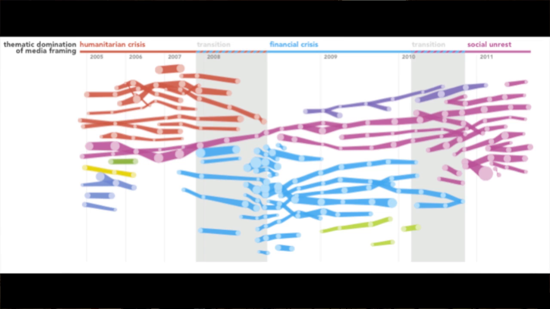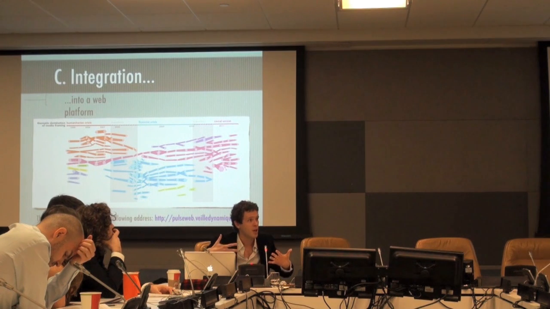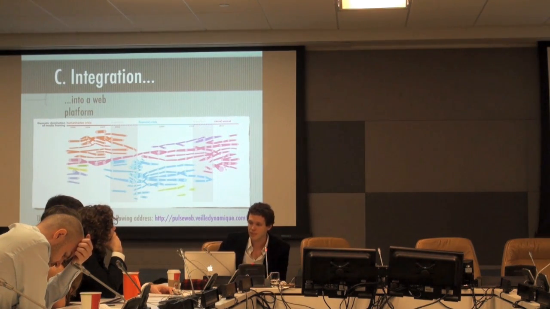So around the same issue of food security, we have a series of stories of issue framing that are actually occupying the space at different instants in different manners, involving different concepts.